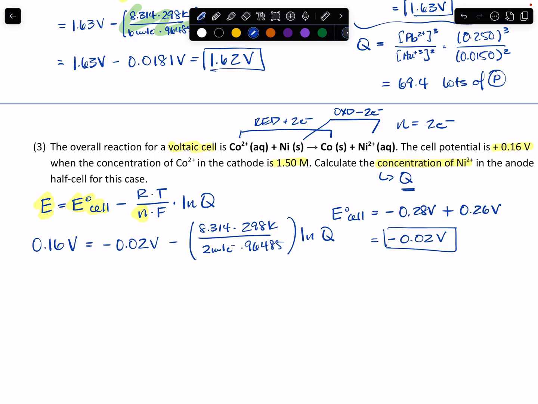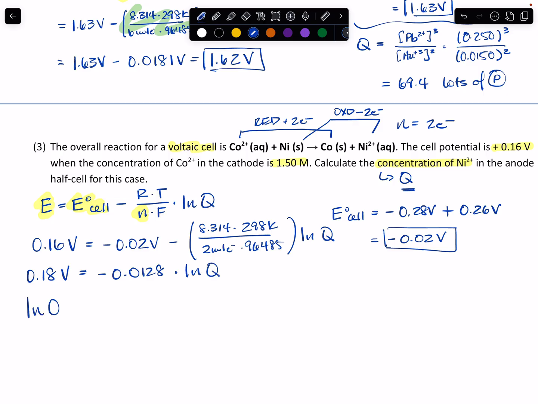And then our natural log of Q as our unknown. We're going to move that 0.02 over, and we'll get 0.18 volts on this side. When we do the mathematics for this middle piece, the RT over nF, we get negative 0.0128, times the natural log of Q.